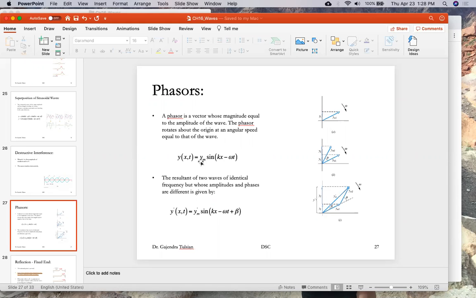That's the amplitude of the resultant wave, and beta would be this phase. So that's how you add the phasors. Now this technique is useful when you have to combine multiple waves, but I just want you to have seen it. We won't be using this too much.